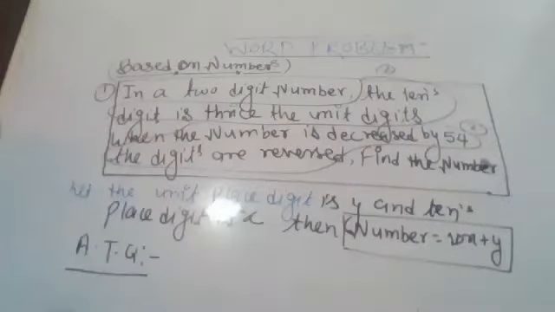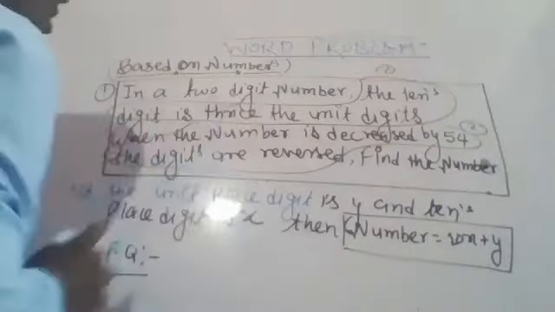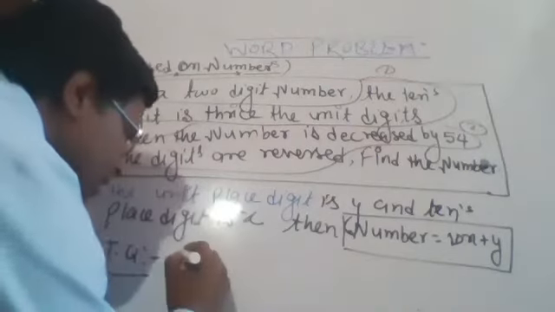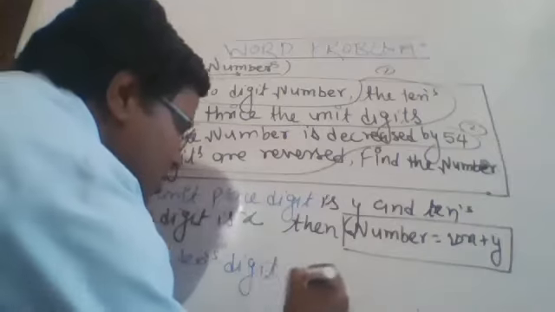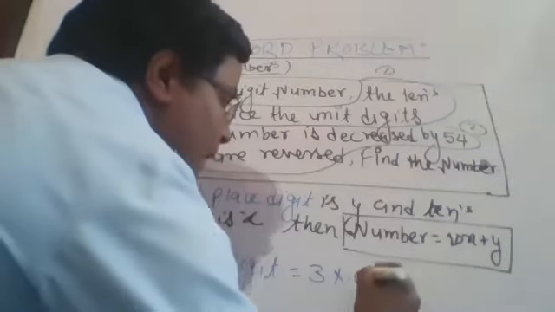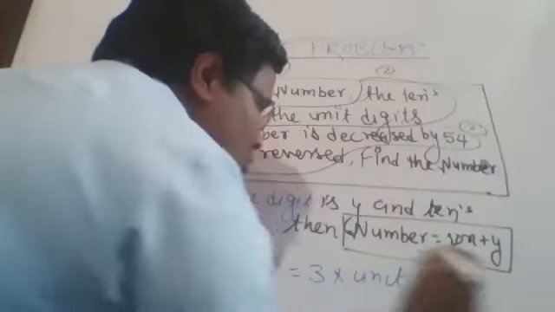According to the question, the tens digit is thrice the unit digit. Here, tens digit is equal to 3 into unit digit.